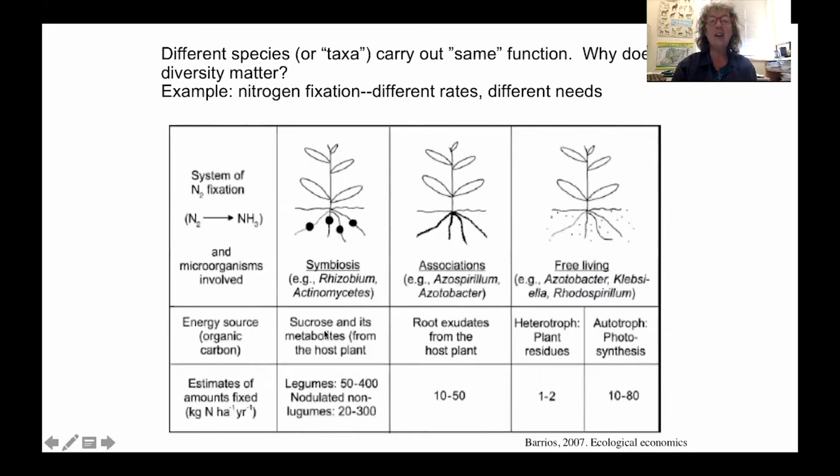They have different kinds of energy sources and different kinds of lifestyles that lead to carrying out this nitrogen fixation. And we also have really different rates of nitrogen fixation as a function of the ways that this nitrogen is being fixed. But this is just an example of showing you this functional redundancy in this function of nitrogen fixation. There's a lot of different kinds of organisms that can carry it out.